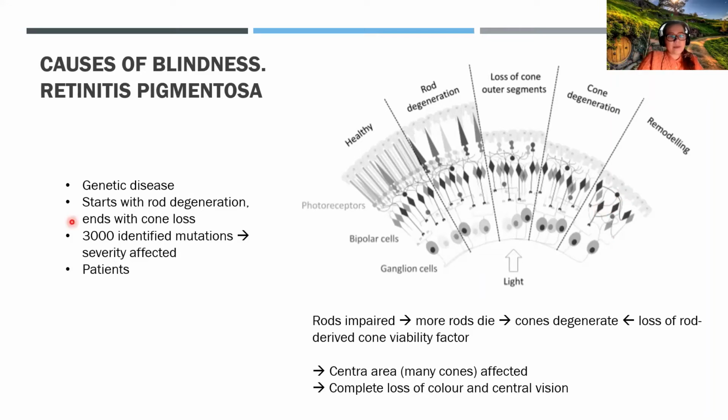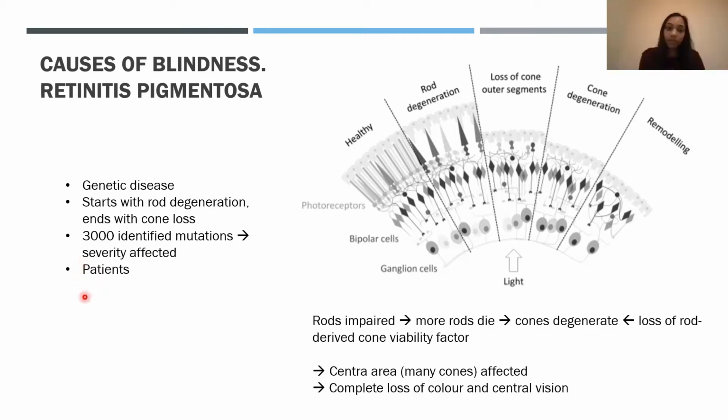Now, retinitis pigmentosa is not associated with 1, 2, or 3 genes that could be easily targeted with gene therapy. It includes 3,000 mutations, and they could be different in every patient.